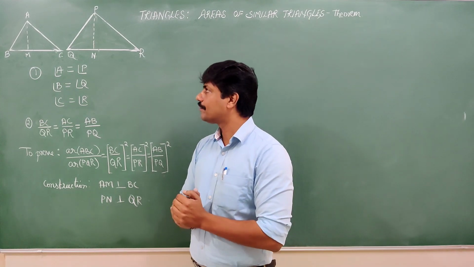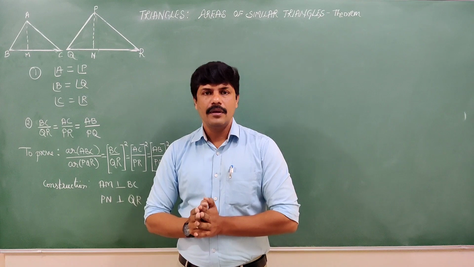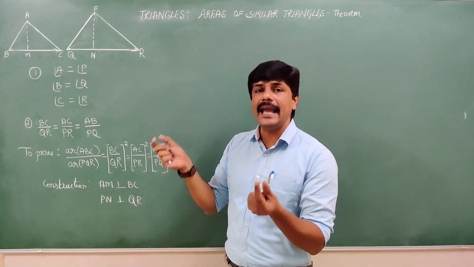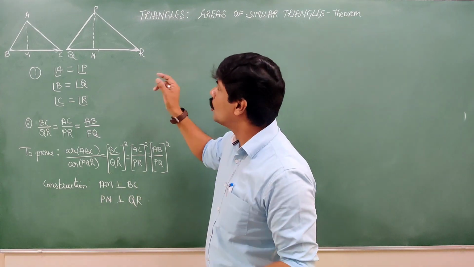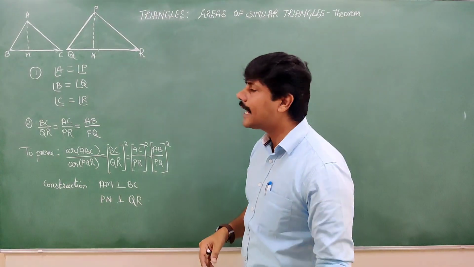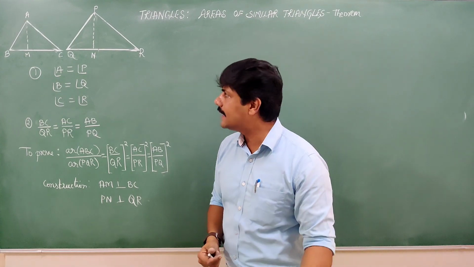Understand properly. Here, this is the areas of similar triangles theorem. So, without knowing the area of this triangle, it is not possible to prove this theorem. What is the area of the triangle? Area of the triangle is nothing but half into base into height.